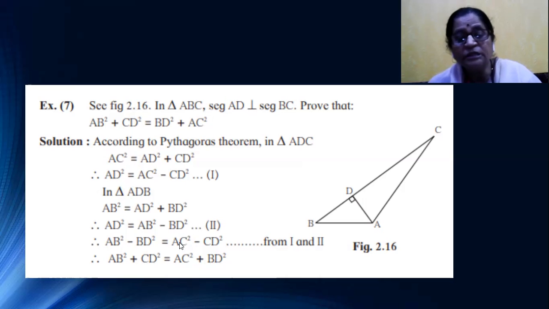So we are changing the place of this. We are taking this minus CD square to the left side, then it will become plus. And then we are taking AC as it is, and we are changing minus BD square to the right side, so that this sign changes. So we proved that AB square plus CD square is equal to BD square plus AC square as it is.